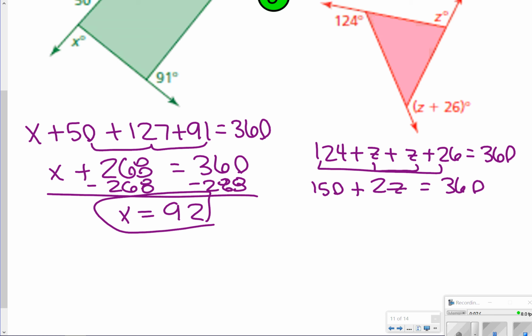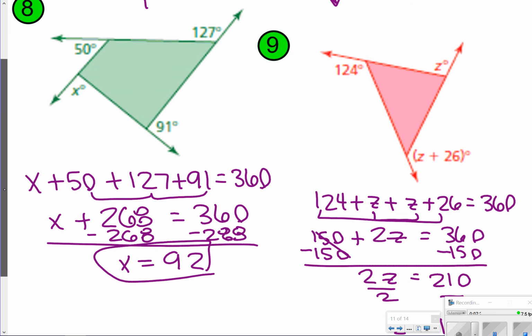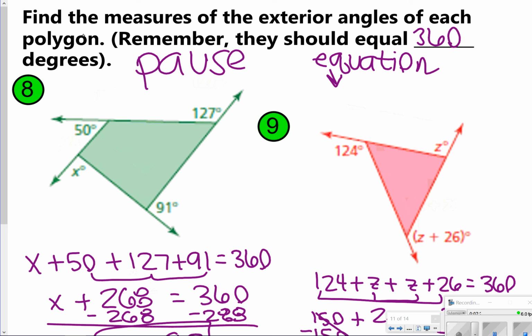Okay, then I'm going to undo adding or subtracting, so minus 150 from both sides. So I'll have 2z is equal to 210, and then divide both sides by 2, so that z is equal to 105. Okay, 105 is not your final answer because it says find the measure of the exterior angle.